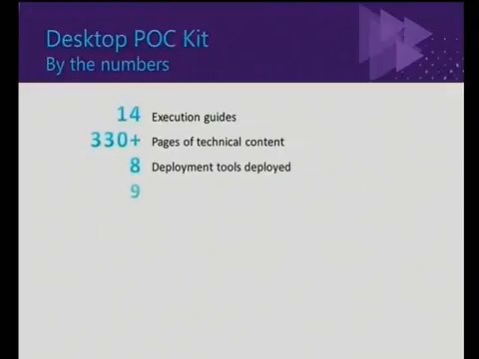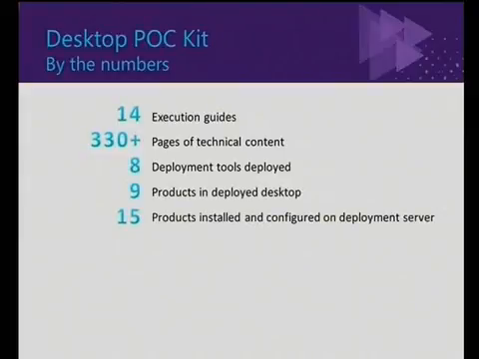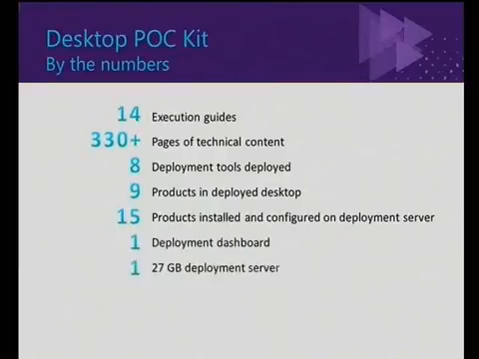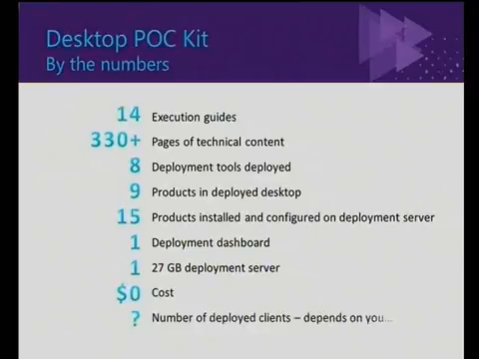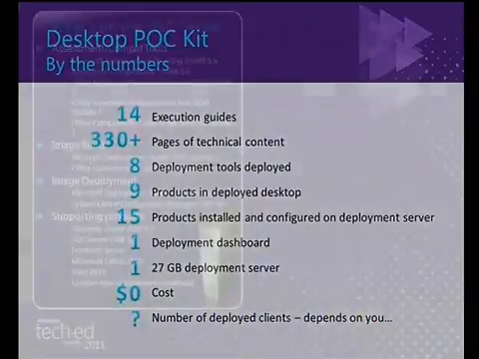There's 8 deployment tools that we'll deploy. There's 9 products that we'll deploy in this desktop. There's 15 products that we install on the deployment server that you can possibly configure and deploy. There's a deployment dashboard. There's a 27 gig deployment server on that USB key in RAR format. It's free. And you can deploy as many clients and a proof of concept as you could possibly want using this kit. So it's a pretty good start.